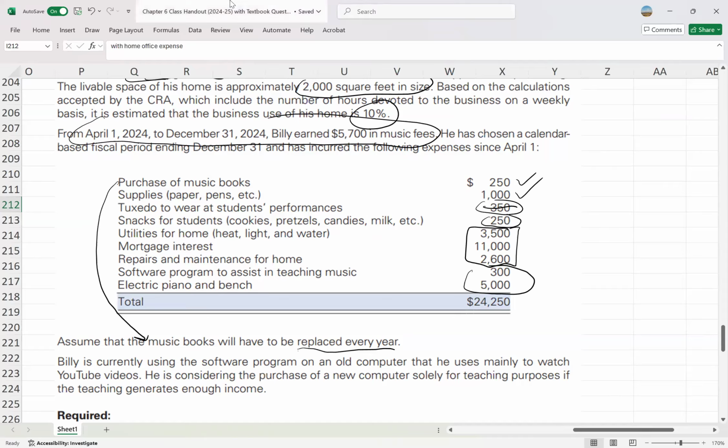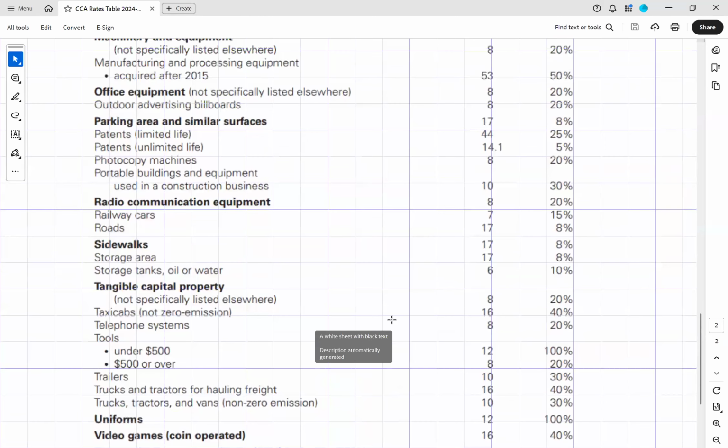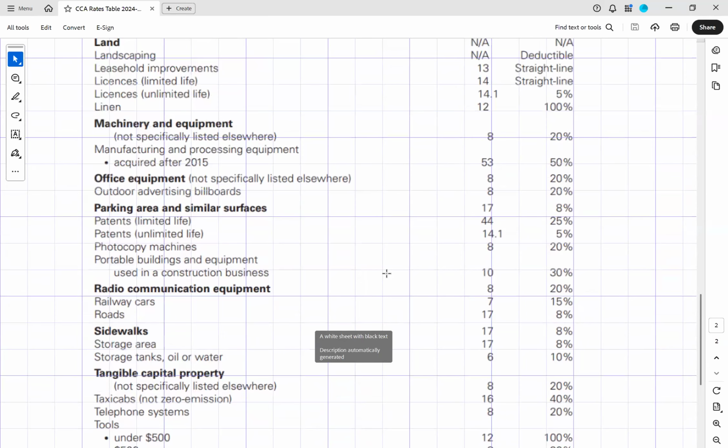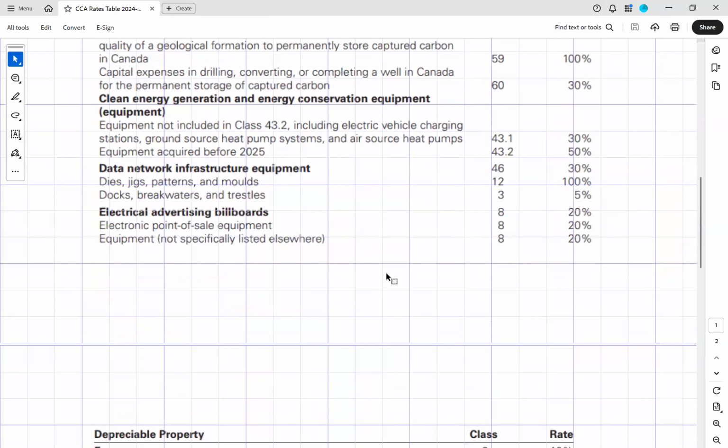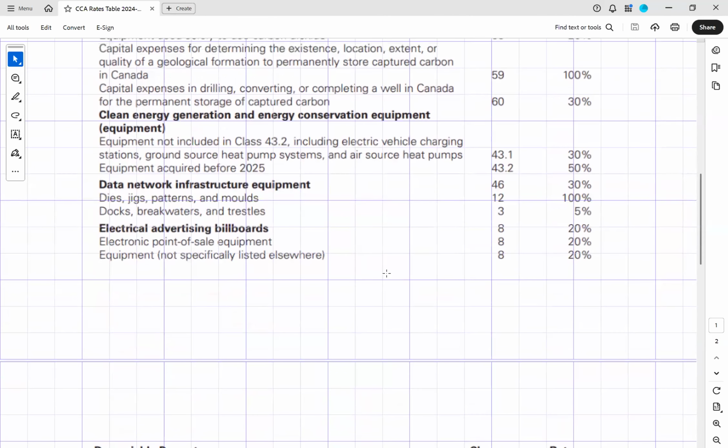So let me just bring up the CCA rates table and see if we have anything under piano. So we look under P, there's nothing for piano under P. There's nothing under M for musical instrument. So what we're going to do then is we're just going to put everything under equipment.